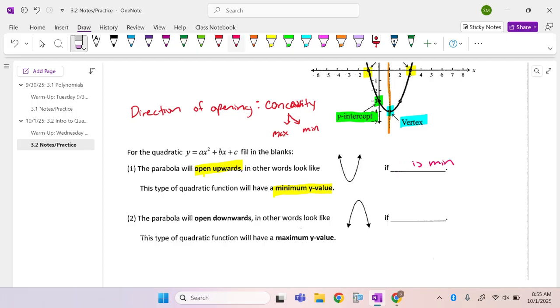Or not the y, the vertex, sorry. So the vertex is the min, it's opening upward. If it opens downward, we have a maximum y value, so that means our vertex is the max.